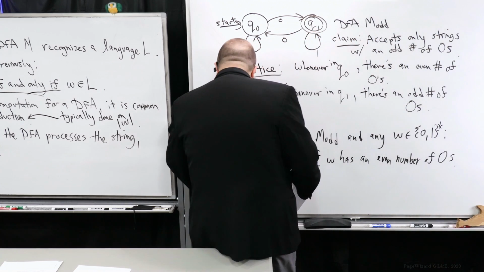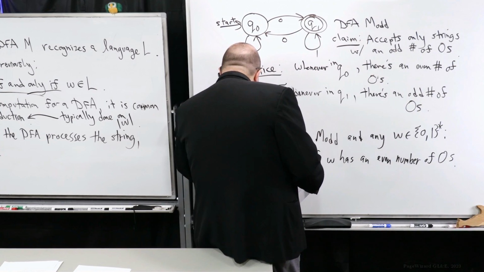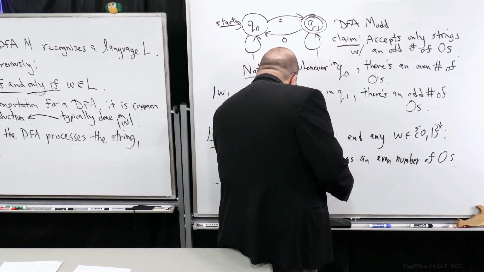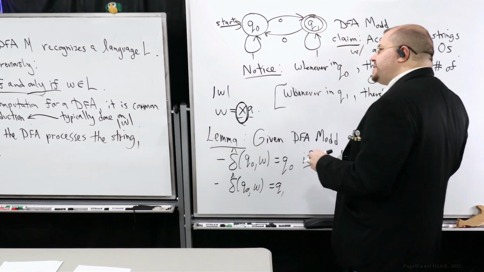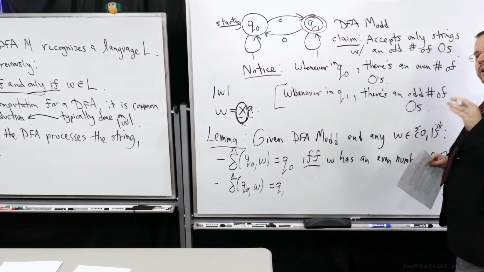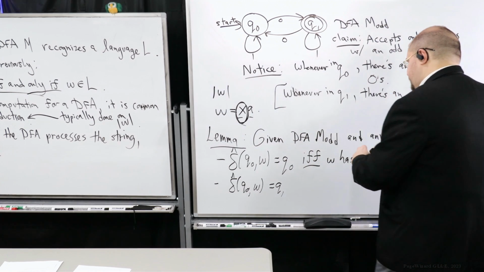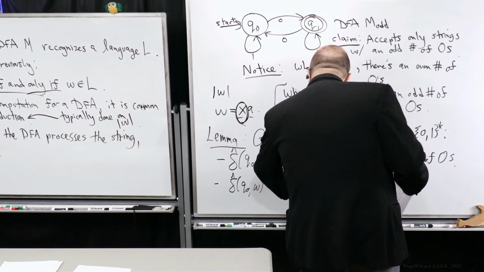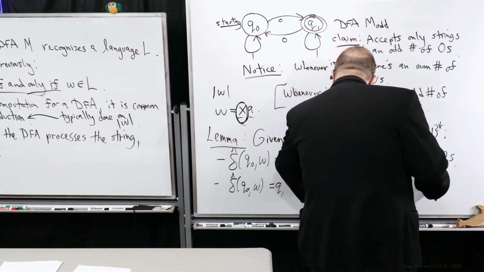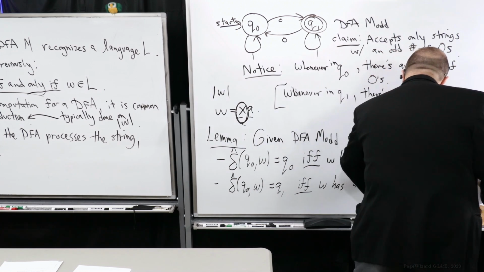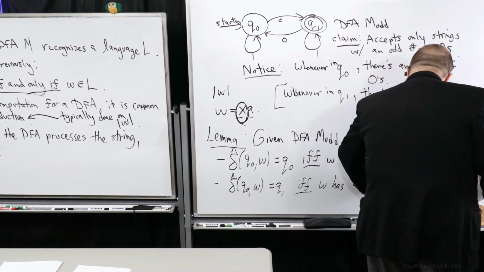Likewise, my other claim is that delta hat of Q0 and W is equal to Q1, meaning that upon processing string W starting at Q0, I land in Q1. This happens if and only if W has an odd number of zeros.